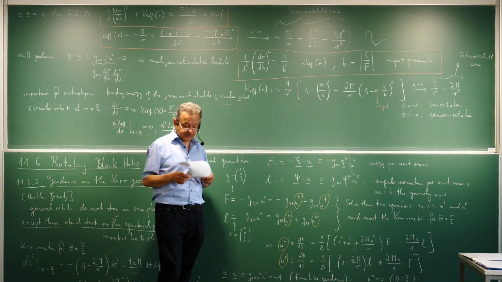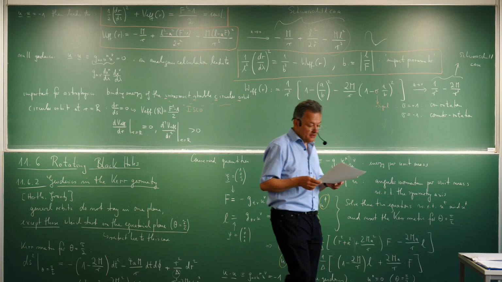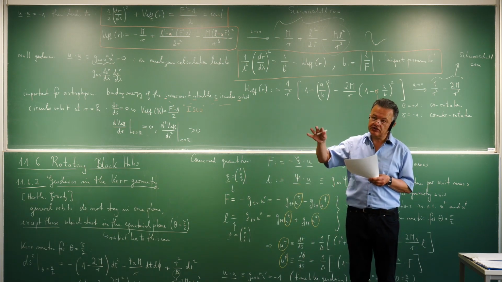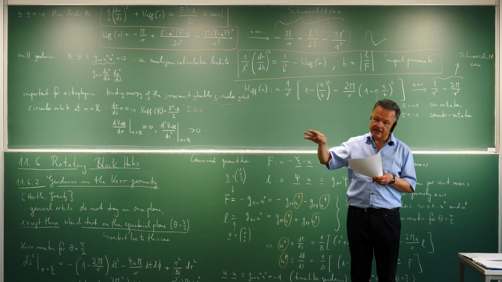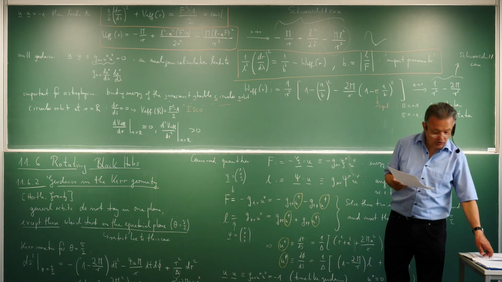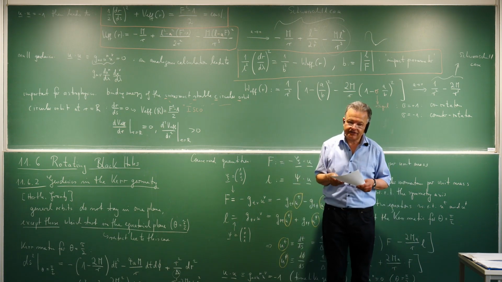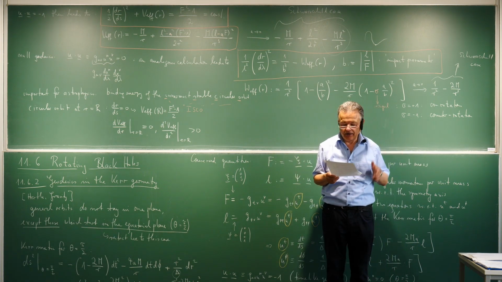R for this ISCO. If you set the second derivative to 0, then you're just on the verge of being unstable. I could do that, but it would not be too illuminating to give you a detailed expression.